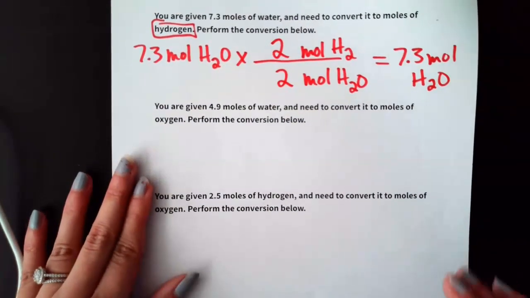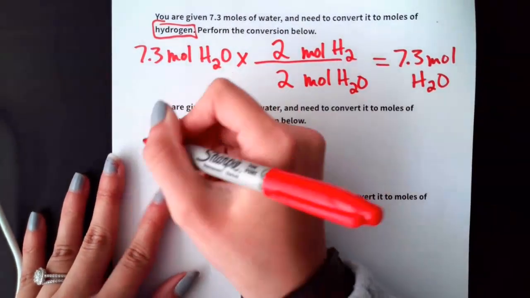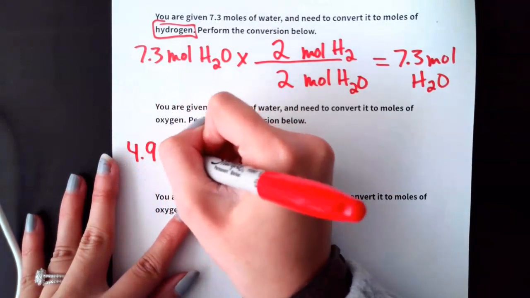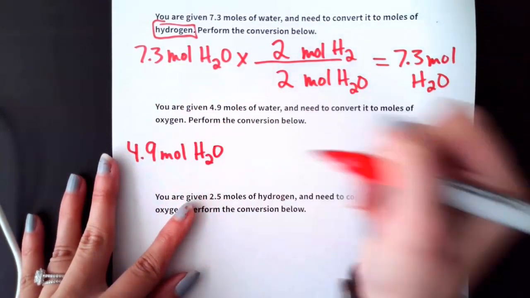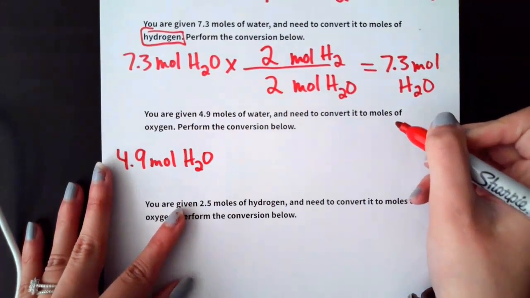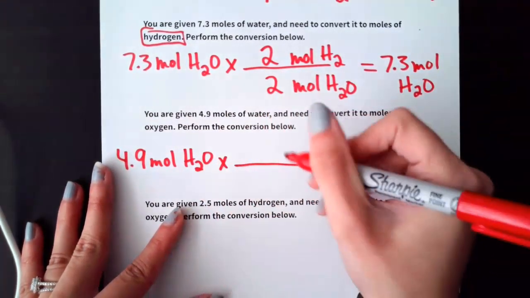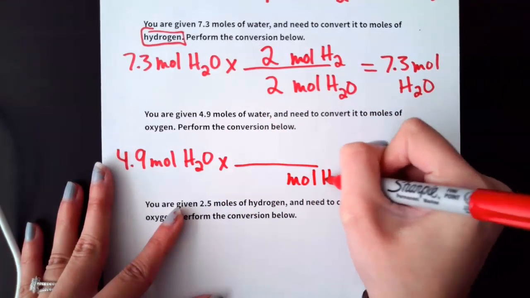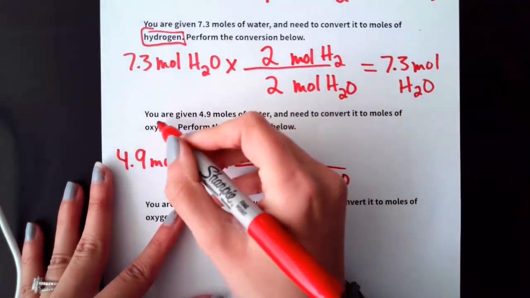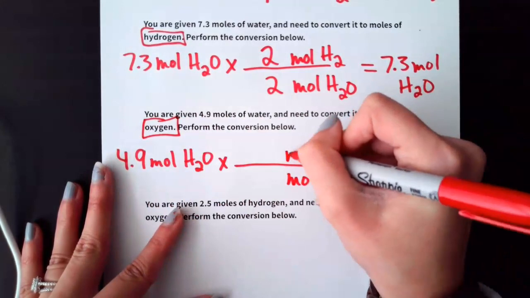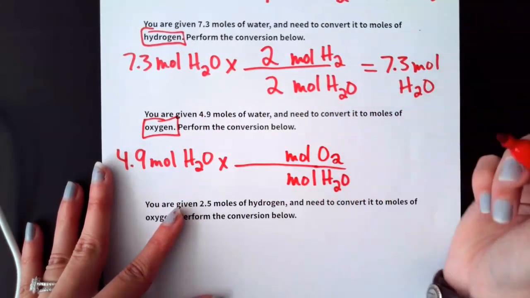Now, you are given 4.9 moles of H2O, and you need to convert it to moles of oxygen. So again, whatever I start with, I have to put on the bottom in order to cancel out, and I'm trying to get to oxygen this time. So moles of O2.